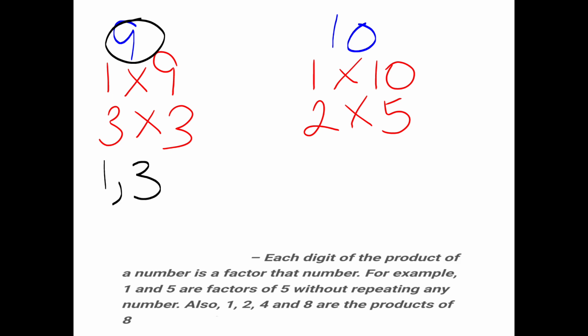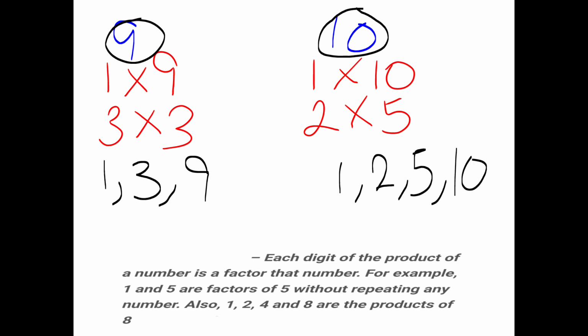We don't need to repeat numbers. These three numbers, 1, 3, and 9, they are factors of what? 9. Do you get that? So easy, right? Good. How about the number 10? I have 1, 2, 5, 10 as factors of what? 10. Can you see that?